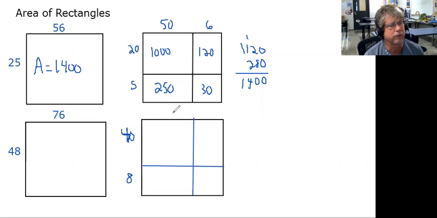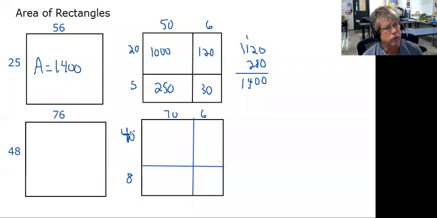And then let's say 76 across here, I'm just going to say this is going to be a 70 and a 6. So 76 that way. So what this does is it partitions it into 4 rectangles. So if I find the area of all 4 rectangles, add those together, that should give me the area of this big rectangle over here as well.